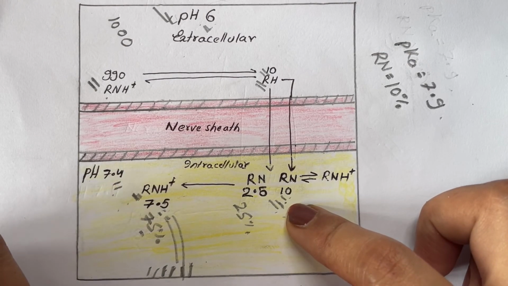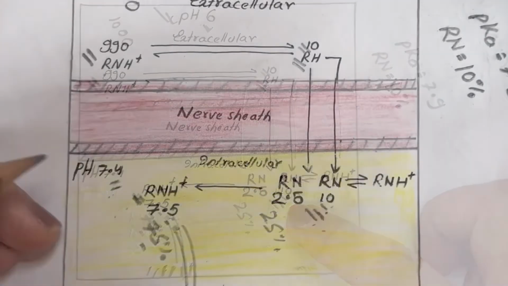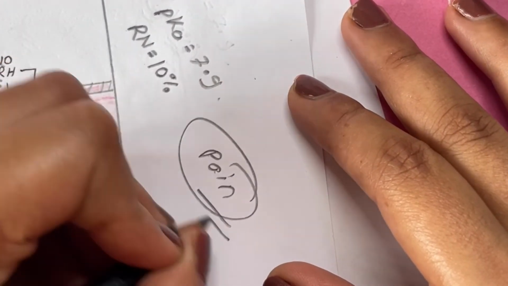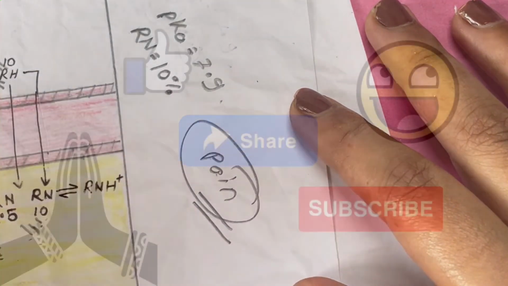Very few molecules bind to the ion channel in an infected or inflamed case compared to normal tissue. So in this way, pain still persists after the injection of local anesthesia in an infected or inflamed case.